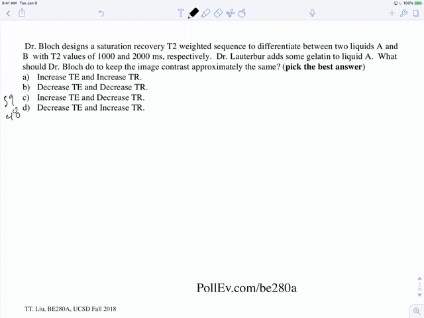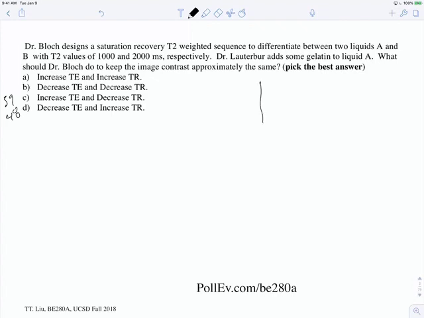Shorter. So why will it get shorter? Anybody? Right. So what's happening to the tumbling rate as we put the gel in? It's less tumbling, right? Okay.